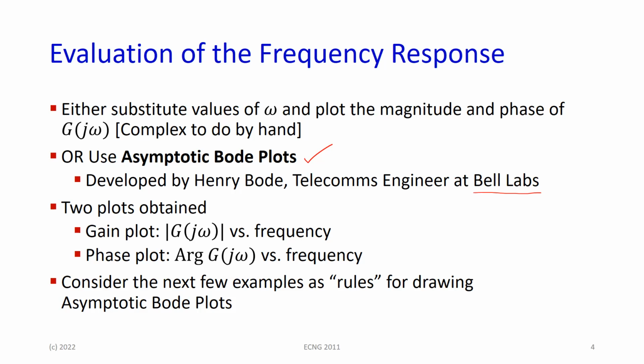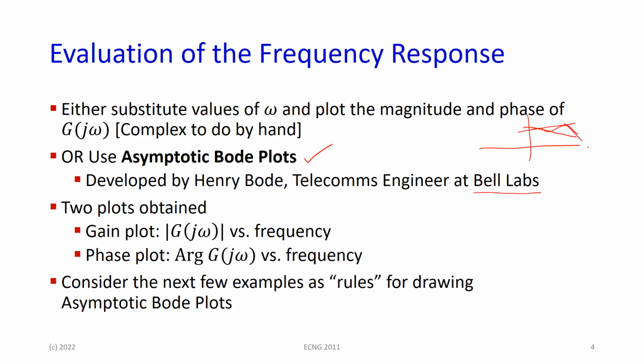Henry Bode, or Bode, I think is how they really pronounce it, but just for our purposes, Henry Bode developed a process where instead of drawing the plot in this form by having to substitute a set of values of omega and plot one by one, he decided, wait a minute, we could probably approximate this by using a series of straight lines.